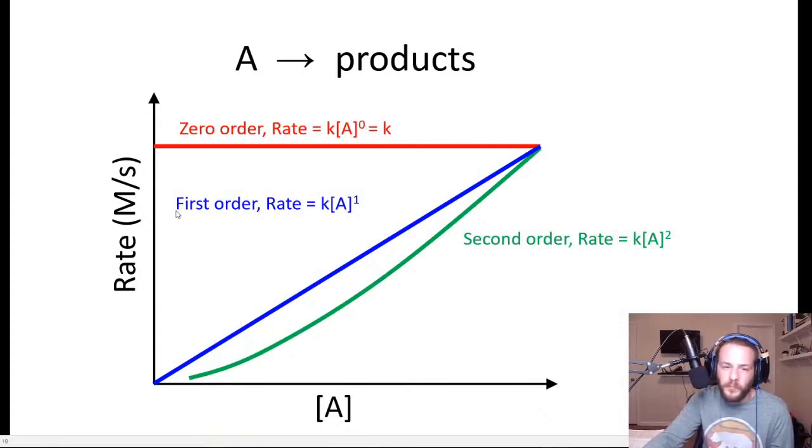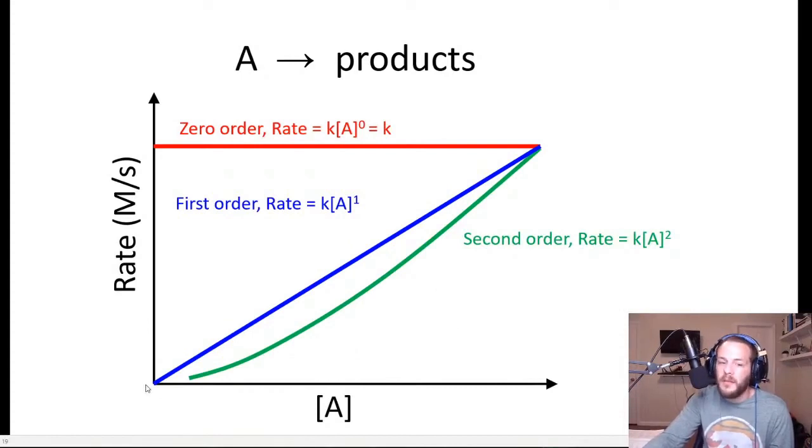It's just a flat line. It doesn't go up, doesn't go down. It's just a constant. In the case of a first order reaction, the rate is equal to k times the concentration to the first power. It's a linear relationship, where if the concentration goes up, the rate goes up by the same factor.